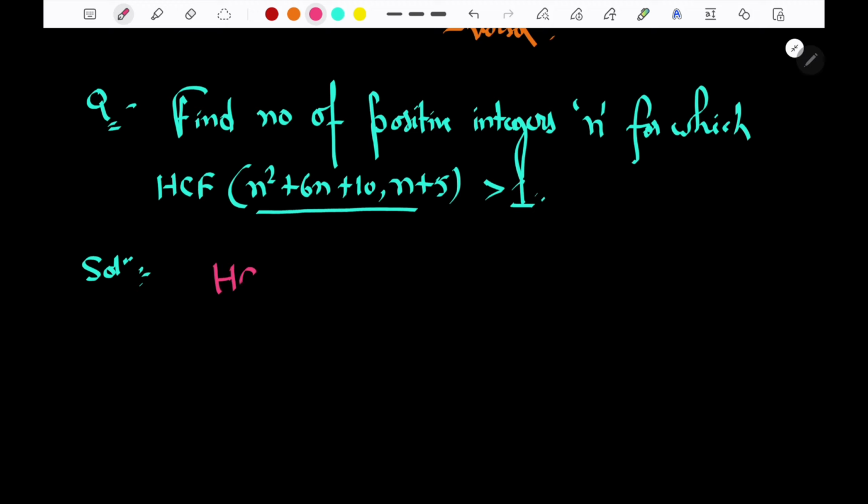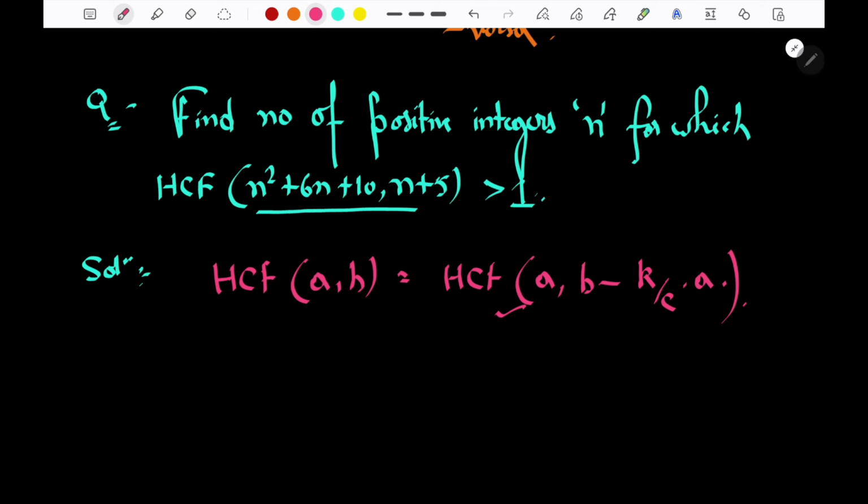We know the property that HCF of a comma b can also be stated as HCF of a comma b minus k times a, for any integer k, for all k belonging to Z. It means we can multiply.